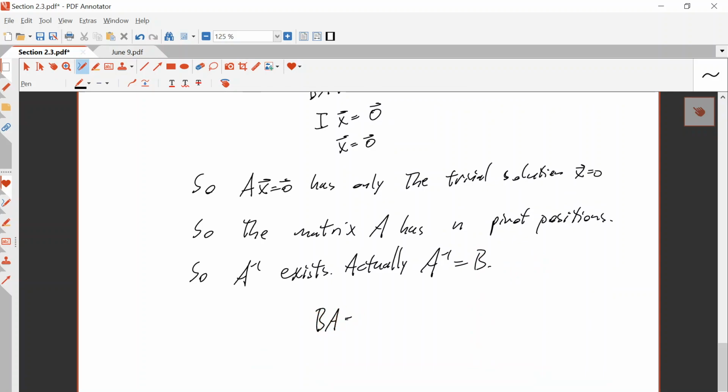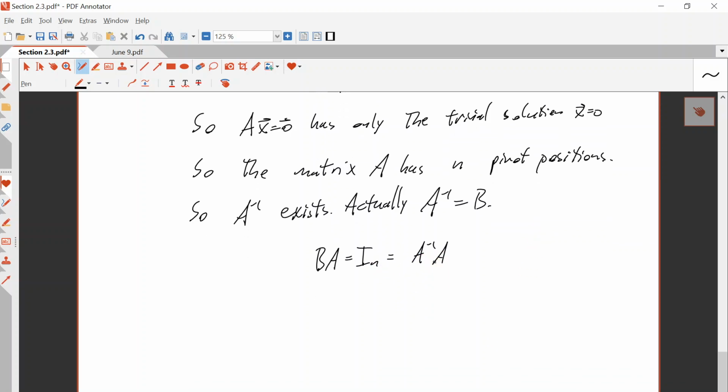Well, if B times A is equal to I_n, but I_n is also equal to A inverse times A. Okay, well, I did this wrong.